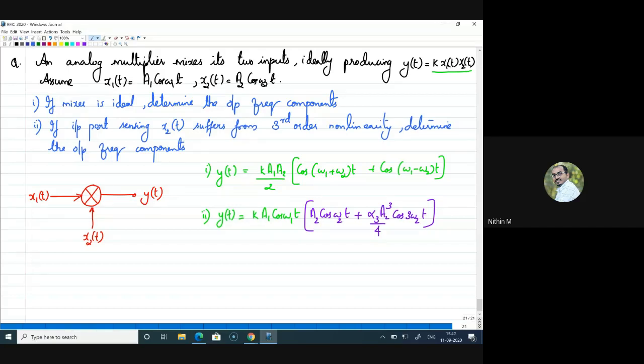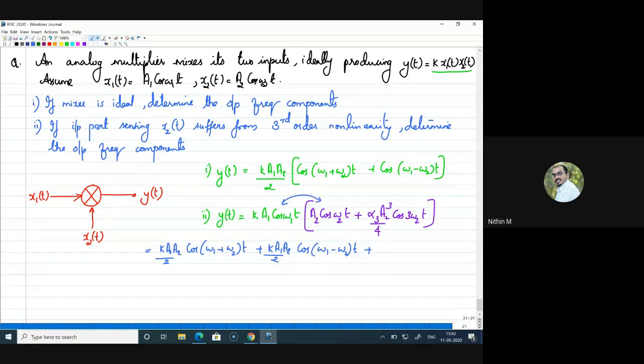Now if I expand this, I'll do it fast. k a1 a2 by 2 cos (omega 1 plus omega 2) t will be one term. Then you will again have k a1 a2 by 2 cos (omega 1 minus omega 2) t. These two come from the product of the linear terms.